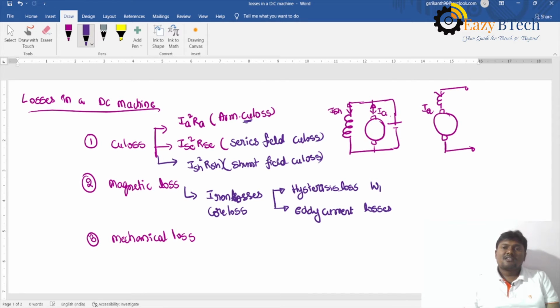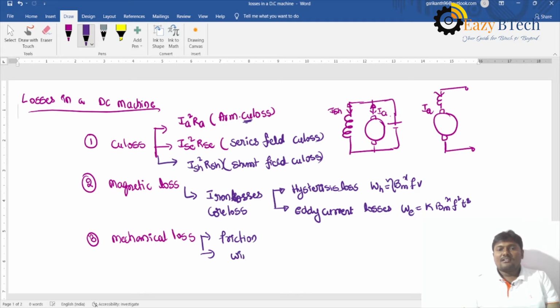The hysteresis loss formula is η times B max to the power x times f times V, and the eddy current loss is equal to K into B max square f square t square. And the third is mechanical losses: friction loss and windage loss.